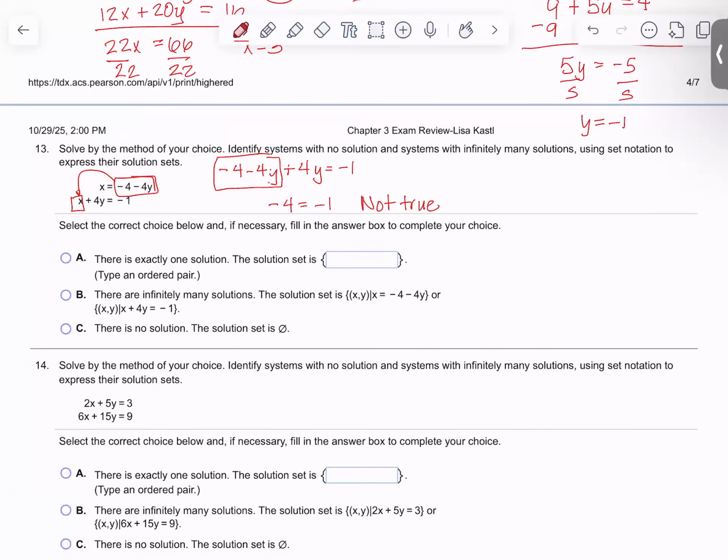So since I attempted to solve this system and I ended up with a result that is not true, there is no solution to this system of equations. These are actually parallel lines. And if I were to solve both of them for y and graph them, I would see that.